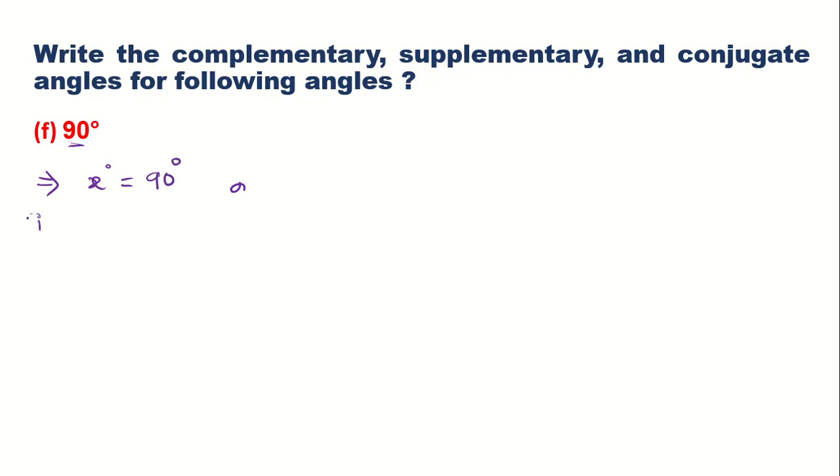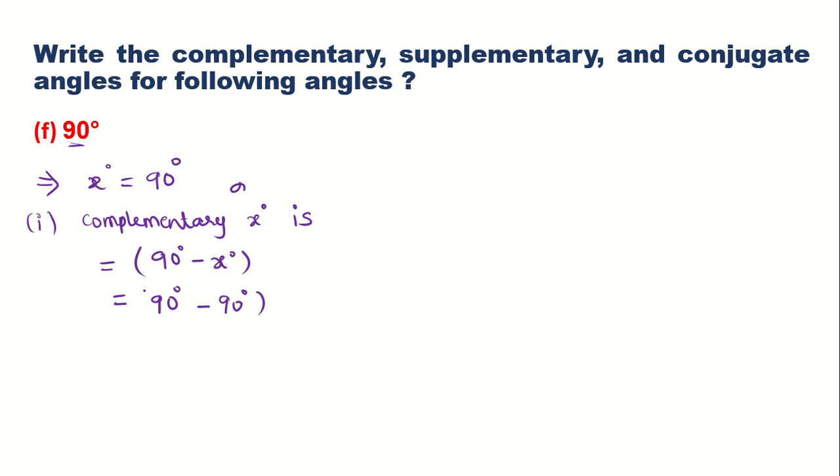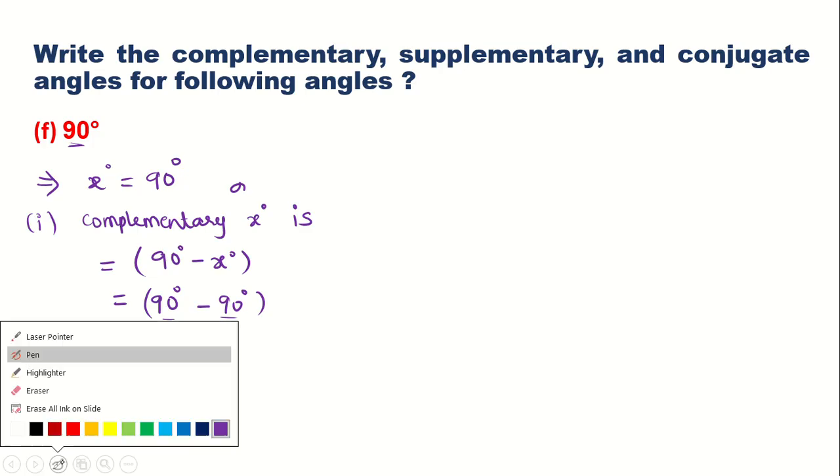Now, we'll find out first complementary. Complementary angle of x degrees is 90 degrees minus x degrees. Now, 90 degrees minus what is given x here? It is 90 degrees. So, 90 minus 90 is how much? 0 degrees.